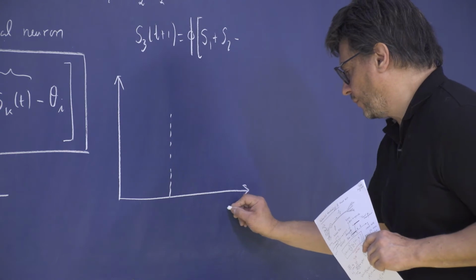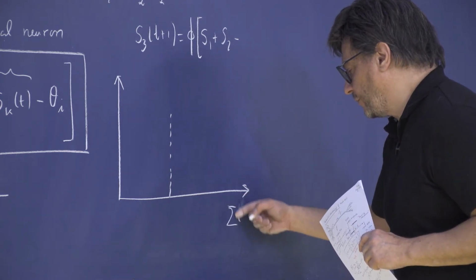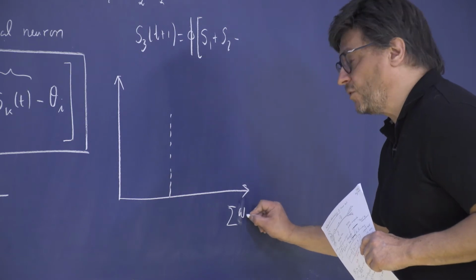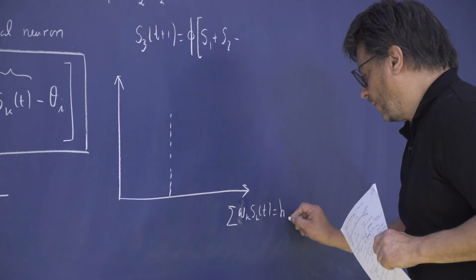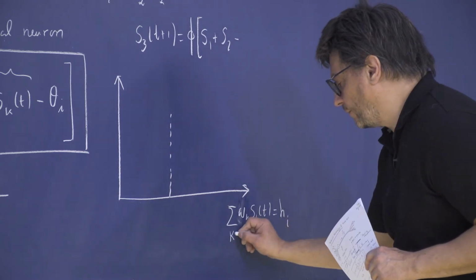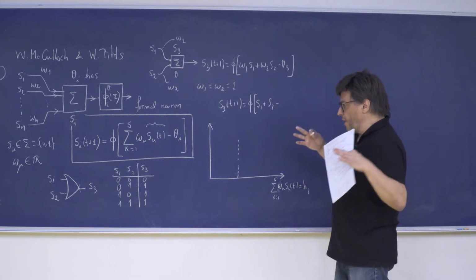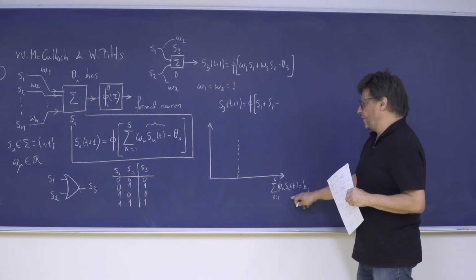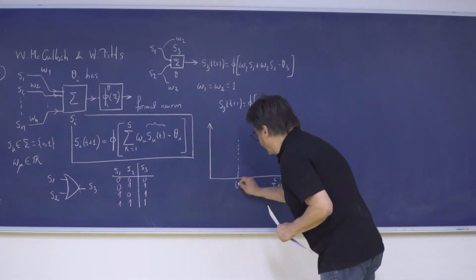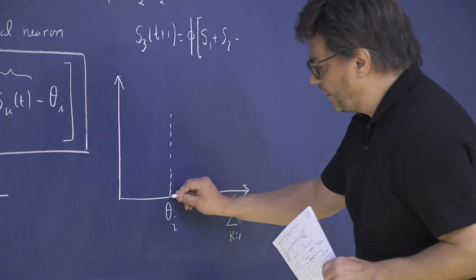So here I put this quantity, sometimes called the field, h_i, because it's the total amount of input pattern that goes into my neuron. This could be the bias, right? So now I'm defining this properly.